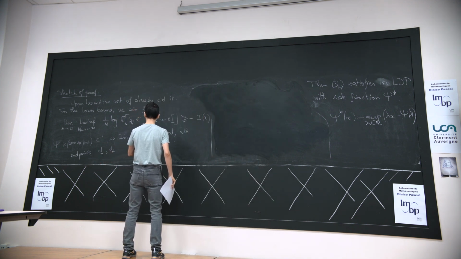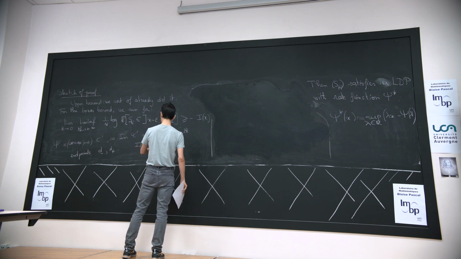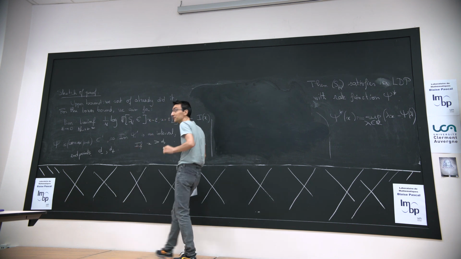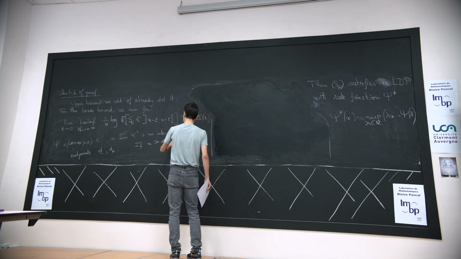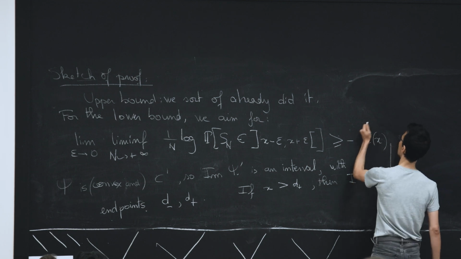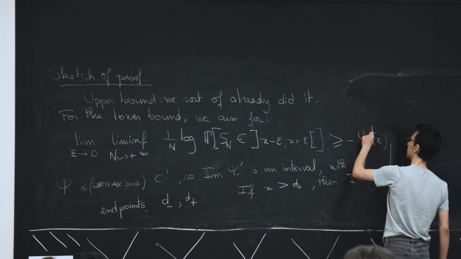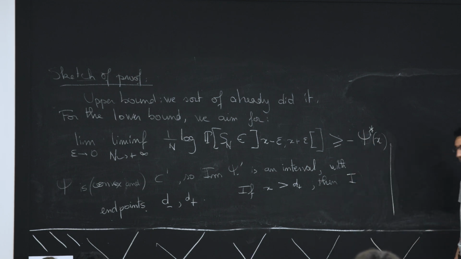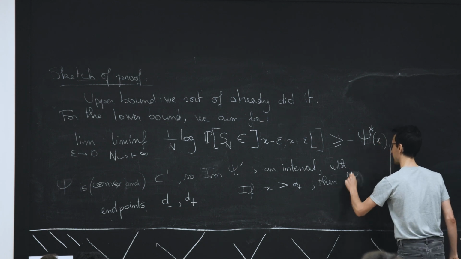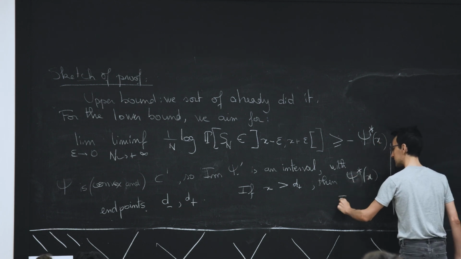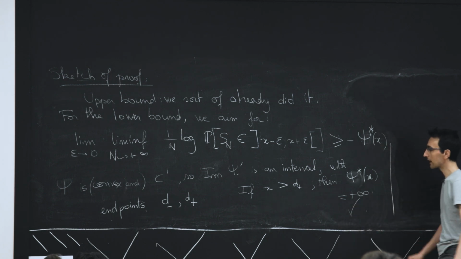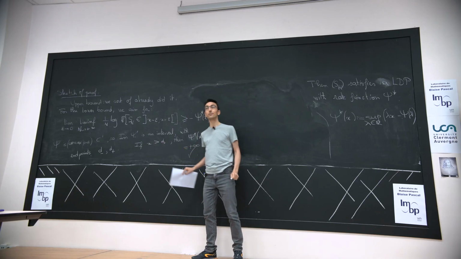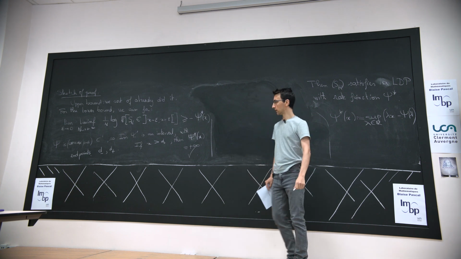Let me write it here. So if x is greater than d plus, well, maybe d plus is plus infinity, but if it's finite, maybe x can be like this. Then psi star of x, oh, I meant psi star here, of course, sorry about this. Then psi star of x is plus infinity. So nothing to do. And similarly, if x is strictly below d minus, no problem.